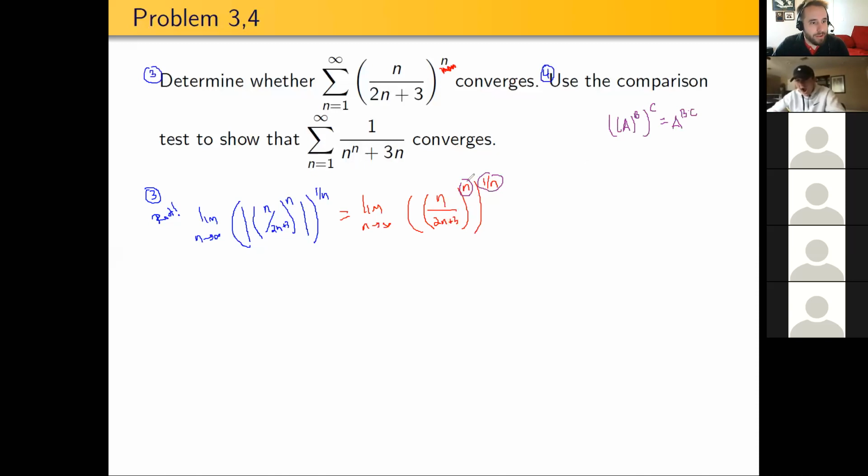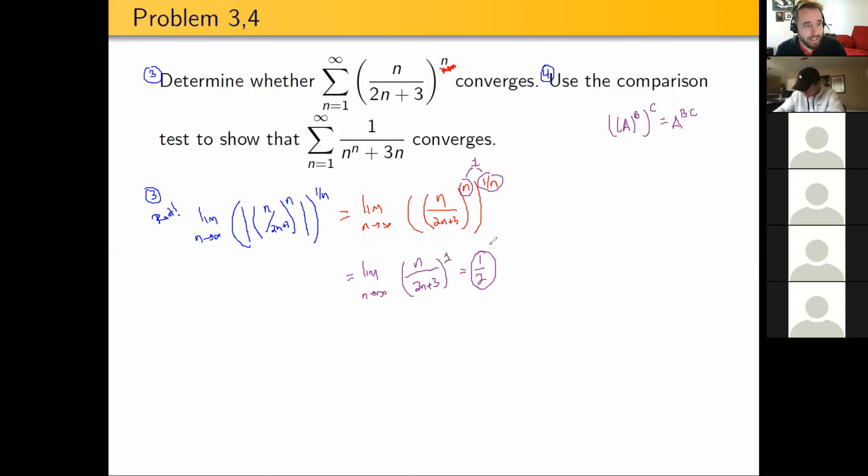Those cancel each other out, or rather they multiply together to get a 1. So this really now becomes the limit as n goes to infinity of n over 2n plus 3 raised to the 1 power. So that just becomes the limit as n goes to infinity of n over 2n plus 3. And by comparing coefficients or by using L'Hopital's rule, this just ends up becoming 1/2.